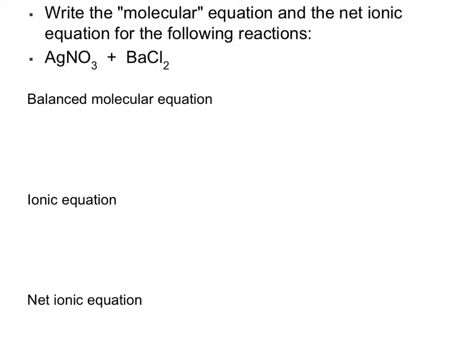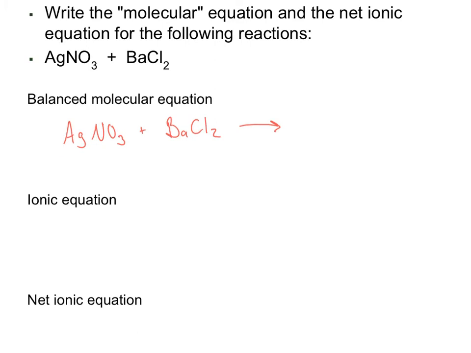So let's look at an example. In this first example, we're going to look at our reaction of silver nitrate plus barium chloride. And so to write out the full balanced equation, we're going to start with our reactants. We have silver nitrate and our barium chloride. And so in order to now determine our products, we have to see what the new combinations will be.